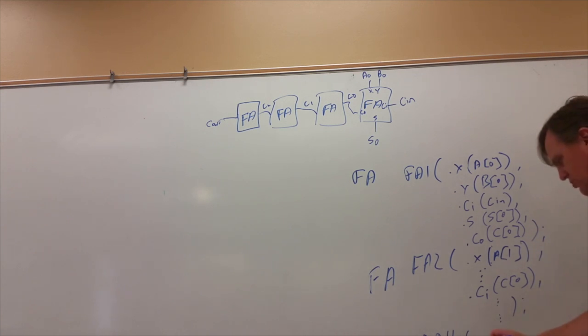Yeah, it'll still be following the same kind of internal pattern. I've got my .ci, which will get C bit 2. Anything else changing? CO gets C out. Right, so I call it CO, and it gets C out.